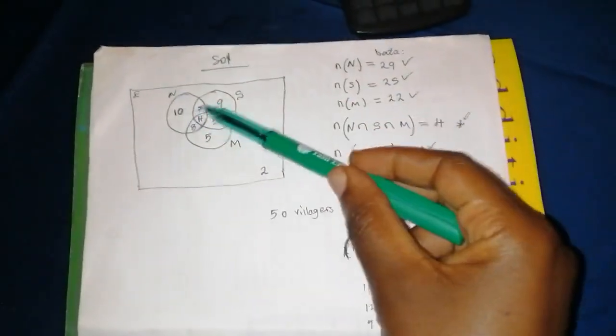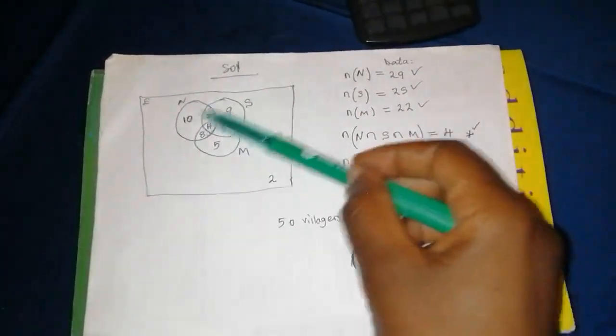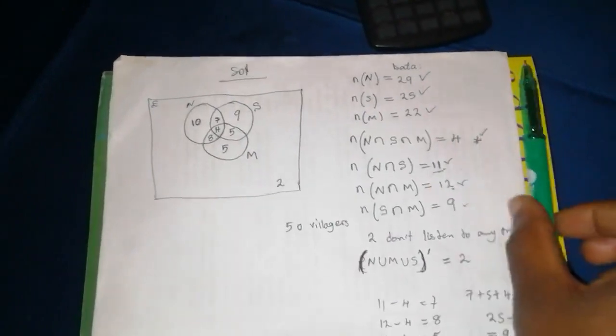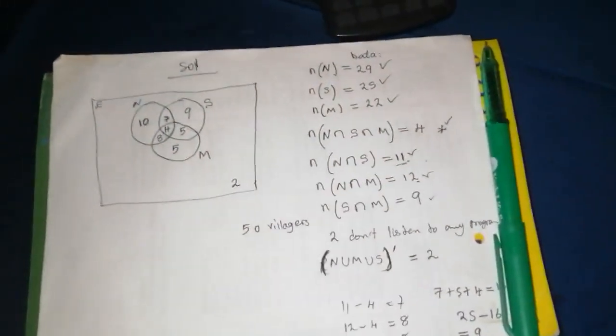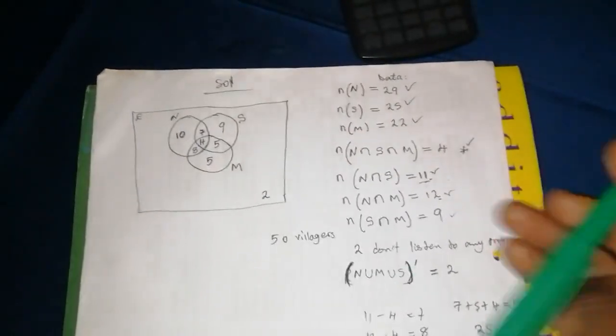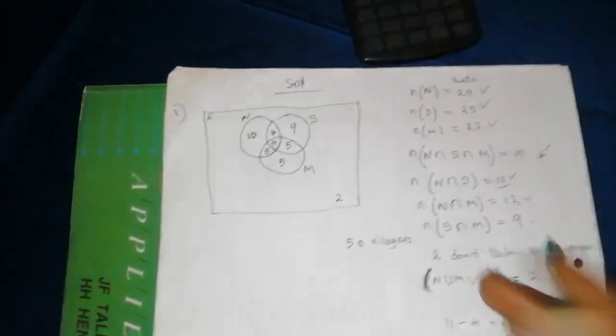So when we add all those in the sets plus 2, the answer should be 50. If it's more or less, then you should check your work again. It means you've gone wrong somewhere. So that's the answer for question 1.